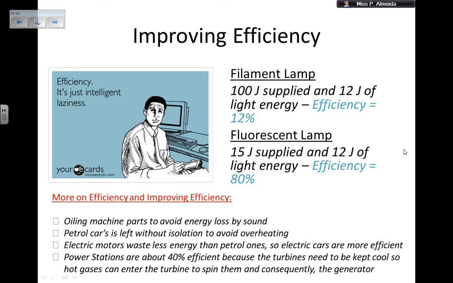Most of the time the wasted energy is sound or heat. So you may want to see how you can avoid getting sound. Sometimes sound is caused by vibration, so fixing machine parts works sometimes, and how to decrease heat. Many times heat is caused by friction, so oiling, lubricating is a good way to do it as well.